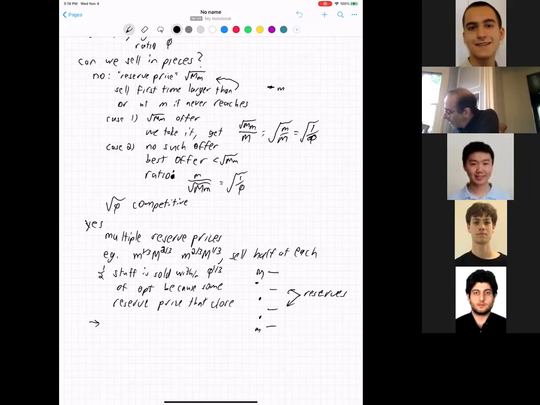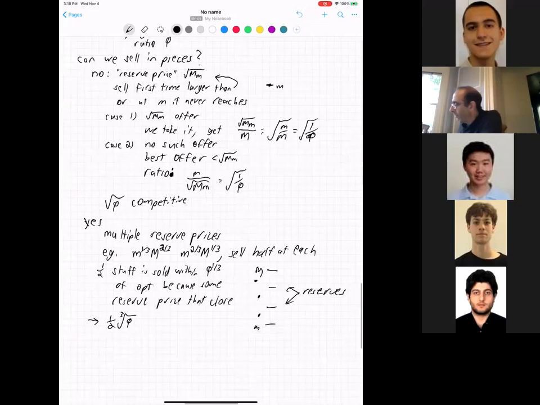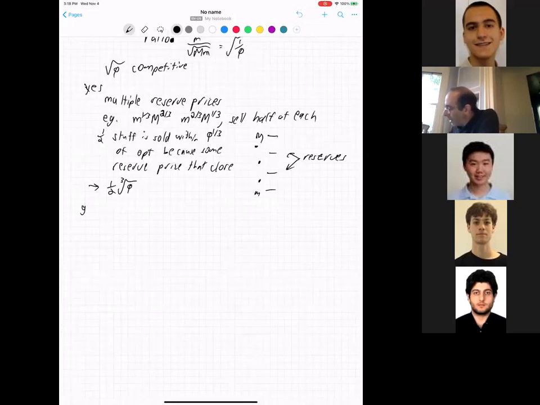And that implies that we get a 1/2 cube root of phi competitive ratio by using 2 pieces. And once you've thought that through, it's pretty natural to generalize.